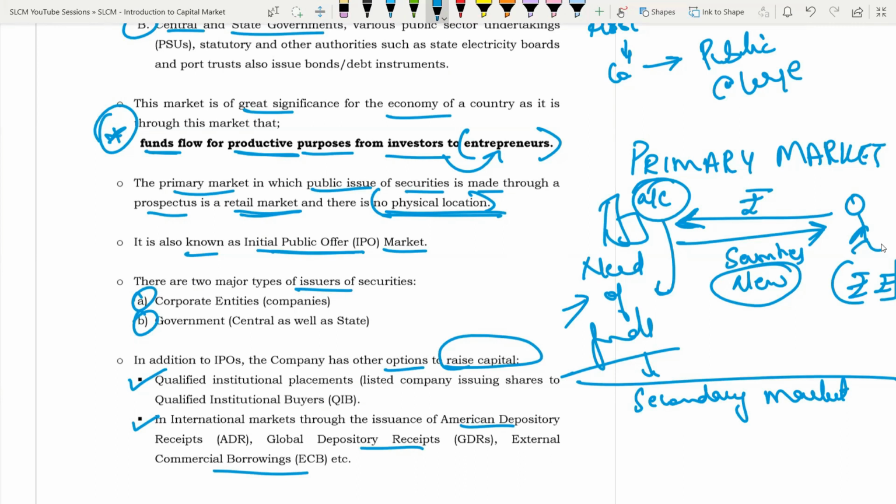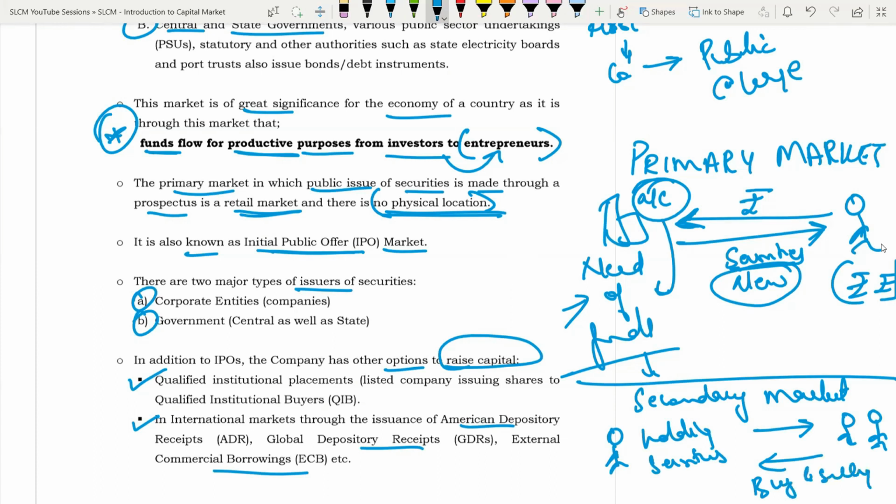After the issuance of securities in the primary market, there are investors who are holding these securities, and there are other investors who want these securities. At that time, there is an exchange among these investors: somebody wants to buy, somebody wants to sell, across multiple different companies. So here only buying and selling takes place among the investors themselves.